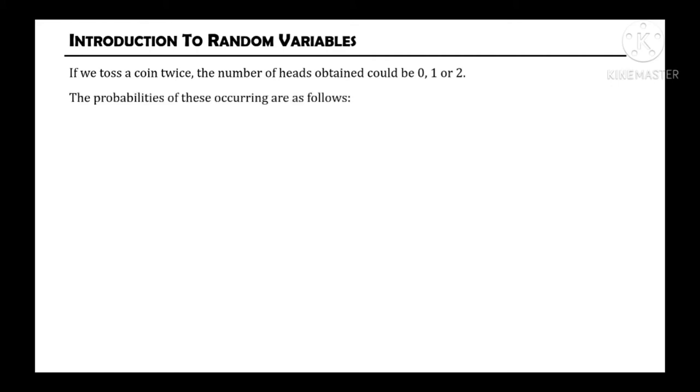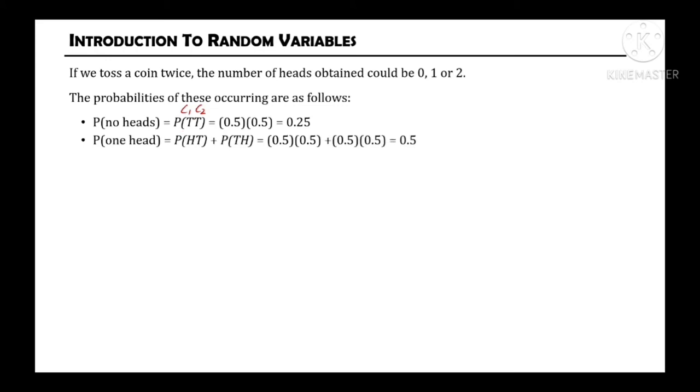The probabilities of this occurring are as follows. No head, meaning both are tails, is 0.25. Probability of coin 1 getting tails is 0.5 and coin 2 getting tails is 0.5, so 0.5 times 0.5 is 0.25.